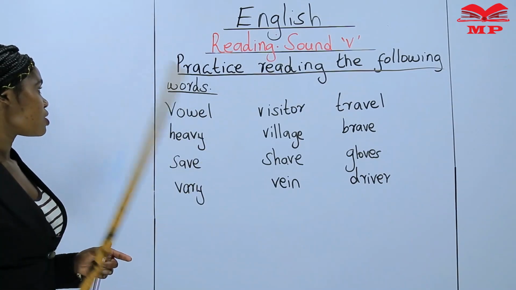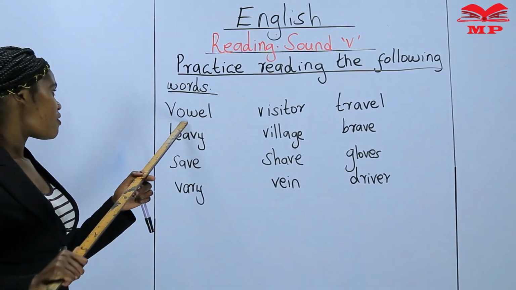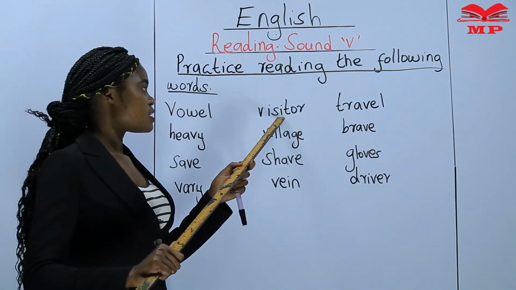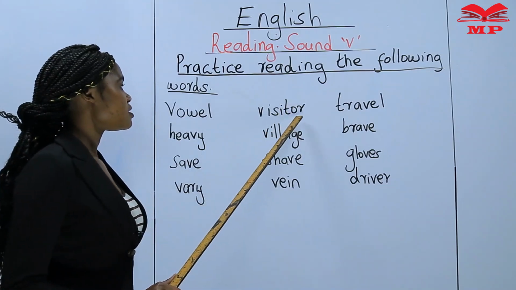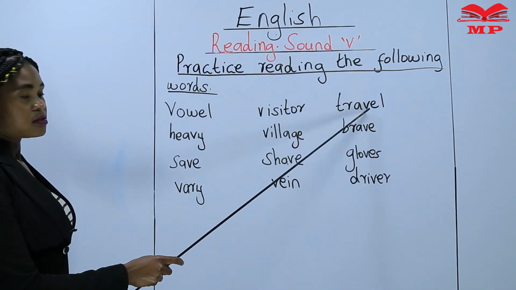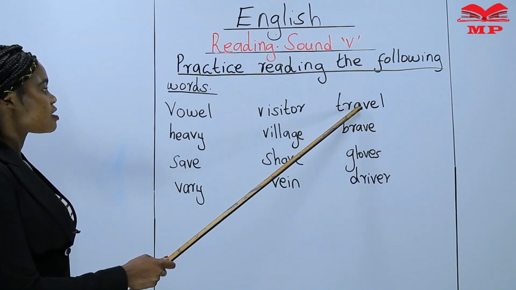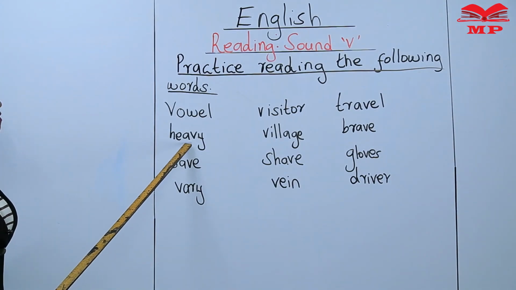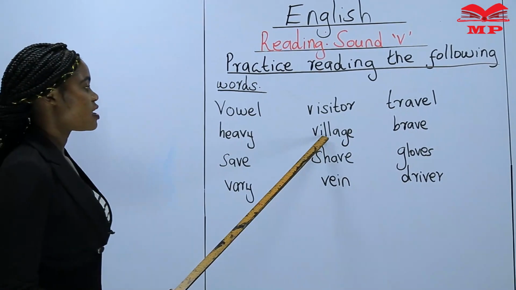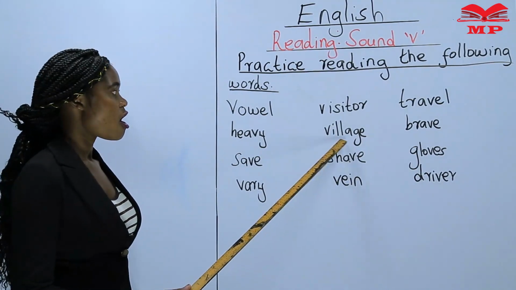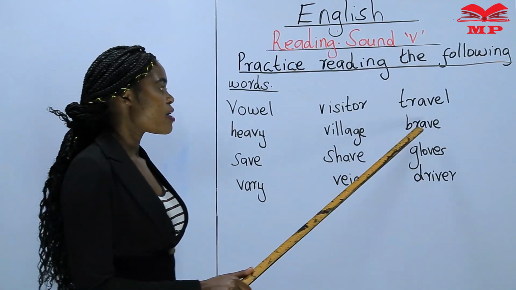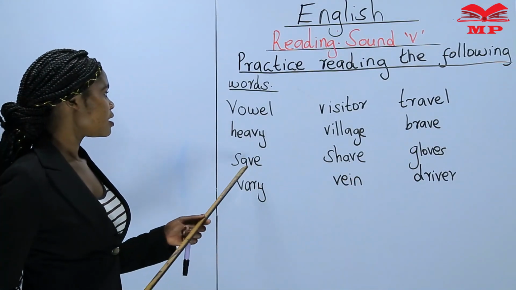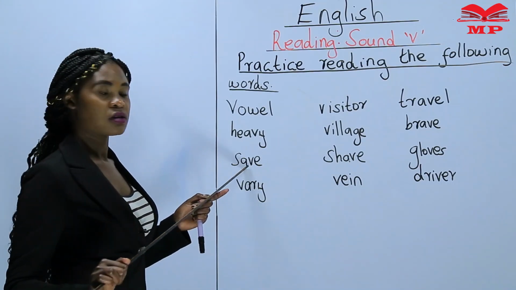I'm going to read the words one more time. Look at the word as I point. The first one, vowel. Vowel. Visitor. Travel. Heavy. Village. Brave. Save.